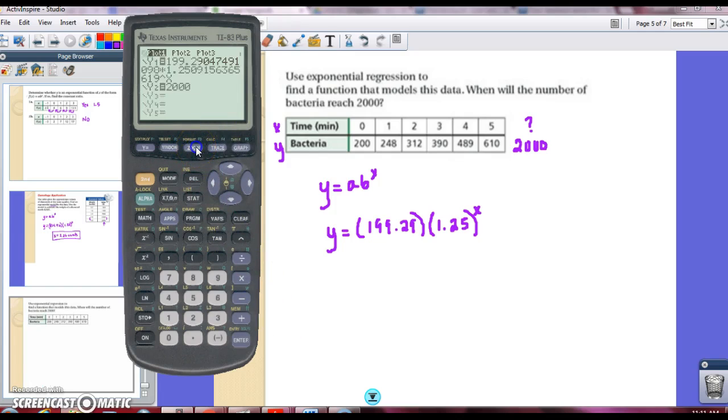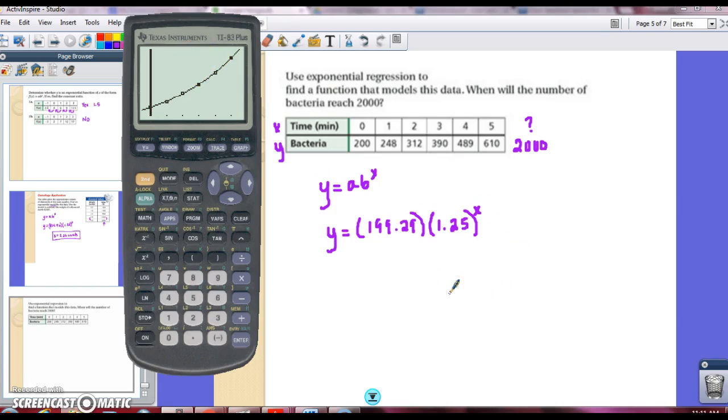Okay, so if I go ahead and hit zoom, and then go down to zoom stat, and I graph that, here's what I have. So here is that y1, and you'll see here that it's done graphing because that little line there is gone, but you don't see that horizontal line y equals 2,000.